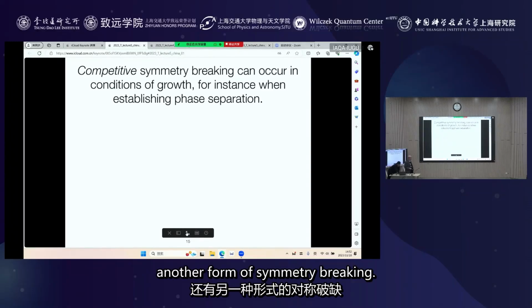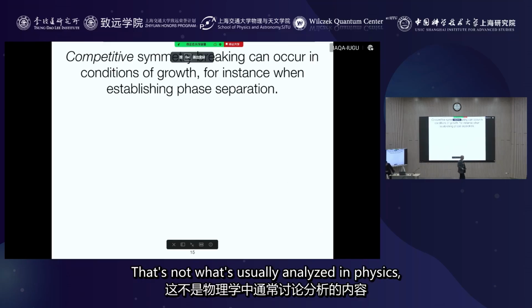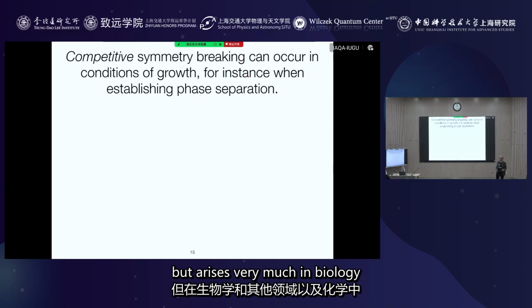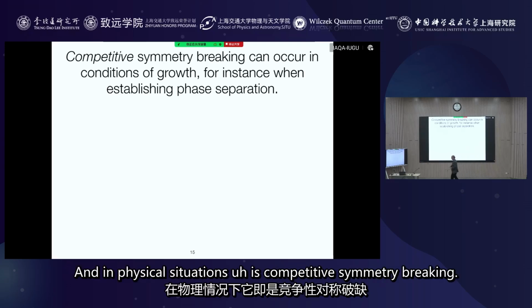Okay. Another form of symmetry breaking that's not what's usually analyzed in physics, but arises very much in biology and other contexts, and also chemistry usually, and in physical situations, is competitive symmetry breaking.